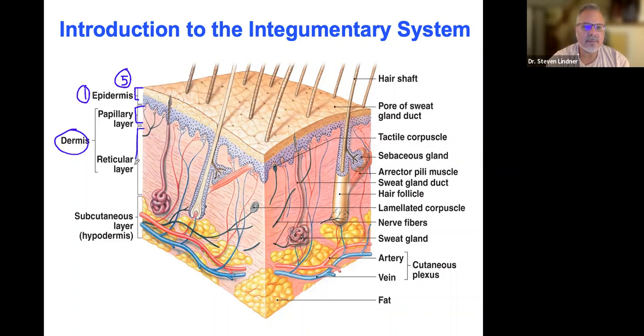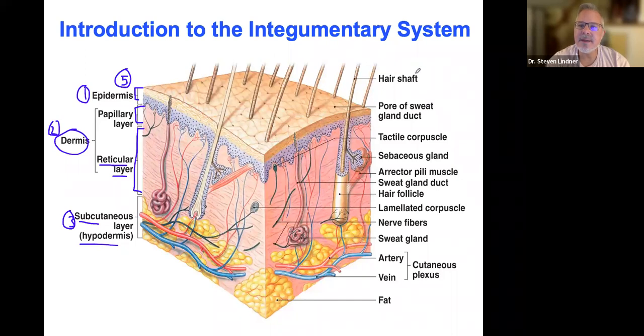And then the remaining 80%, that's the deeper part, is the reticular layer. Okay, so that's the second layer. And then the third, which is the deepest layer, is the hypodermis, also known as the sub-Q or the subcutaneous.